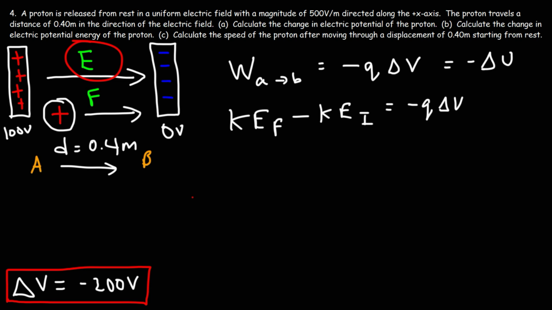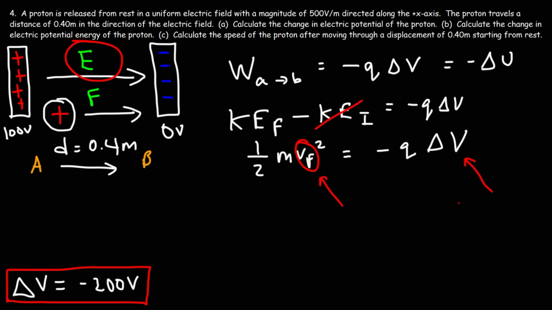Therefore, the initial kinetic energy is going to be 0. So we have the final kinetic energy, which is 1/2 mv final squared, and that's equal to negative Q delta V. So don't confuse these two V's. This is the speed and this is the voltage, or the change in electric potential.